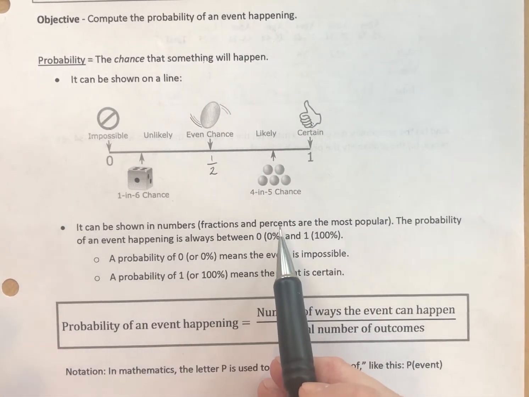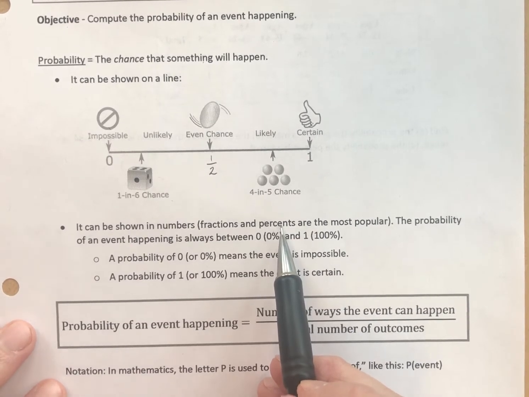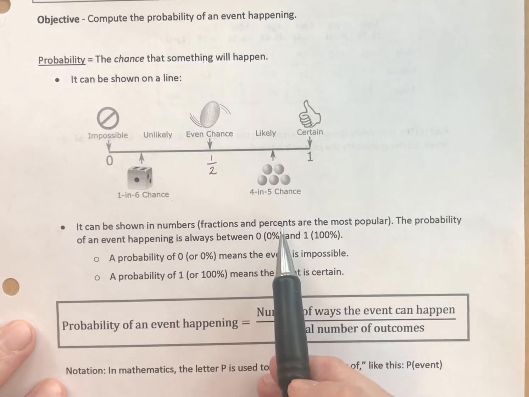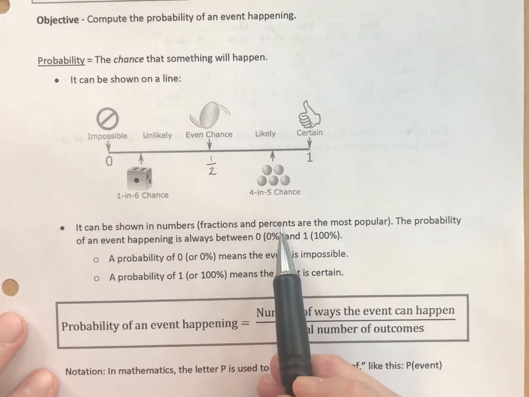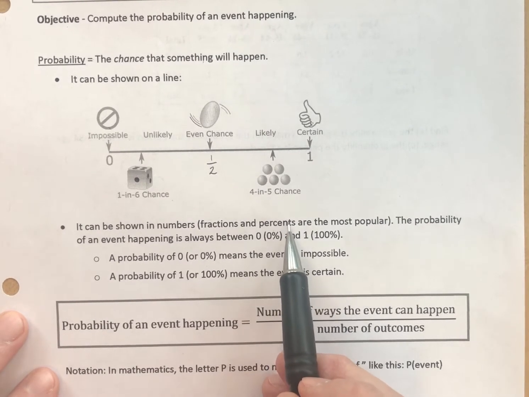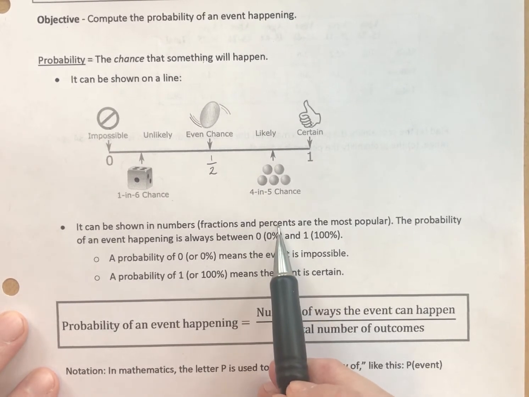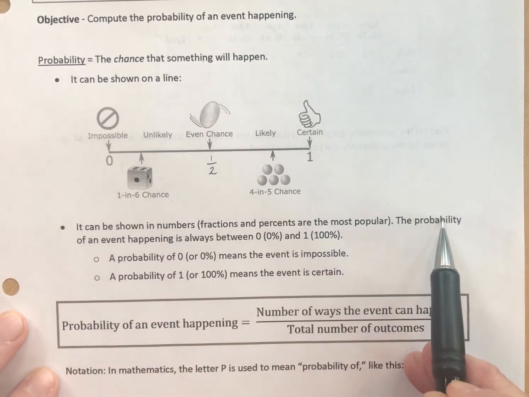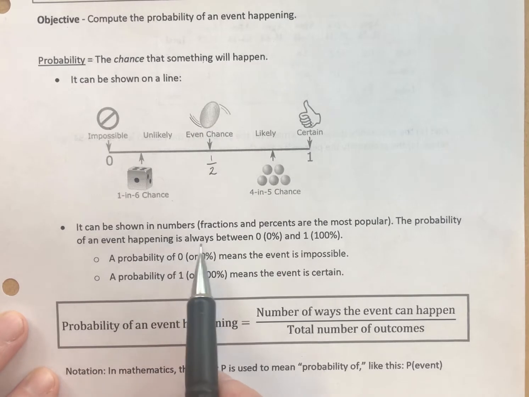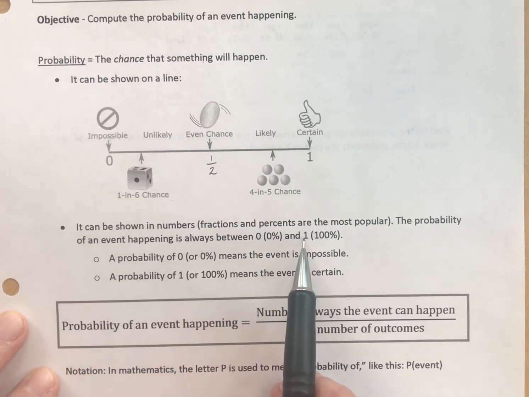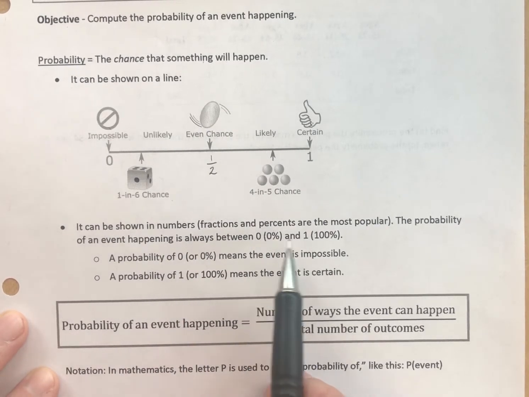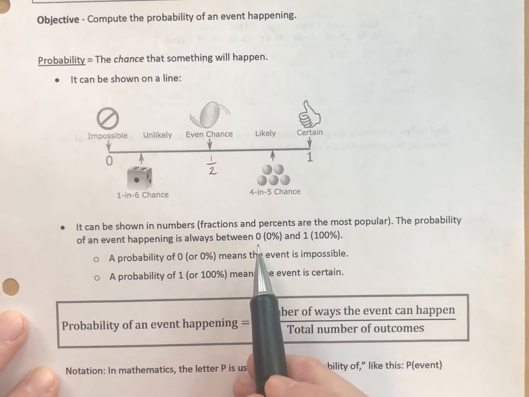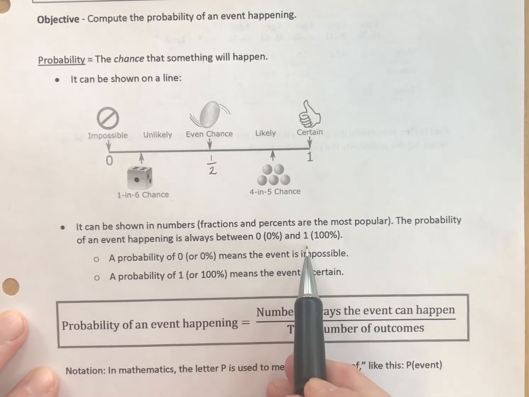Probably the most popular use of probability has to do with weather, and the chance of rain or the chance of snow is always probability. So you always see that as a percent. As we mentioned up here, the probability of an event happening is always between 0 and 1 in fractional terms, 0 over 1 and 1 over 1.